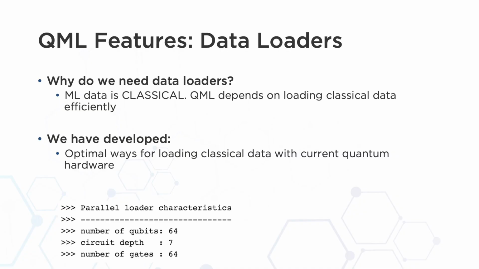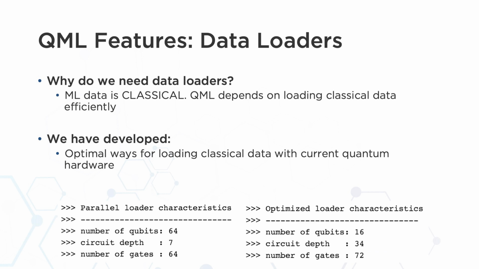Here is an example. Imagine that your data points have 64 dimensions, meaning that you have 64 features of your data. We can load these classical data points into quantum states using 64 qubits and only logarithmic depth, meaning a depth of size 7. The number of total gates of your circuit is again 64.